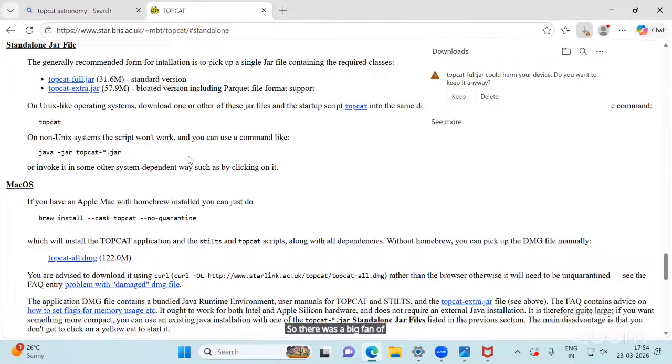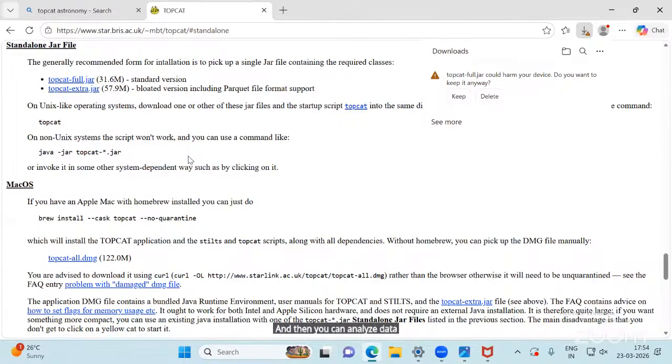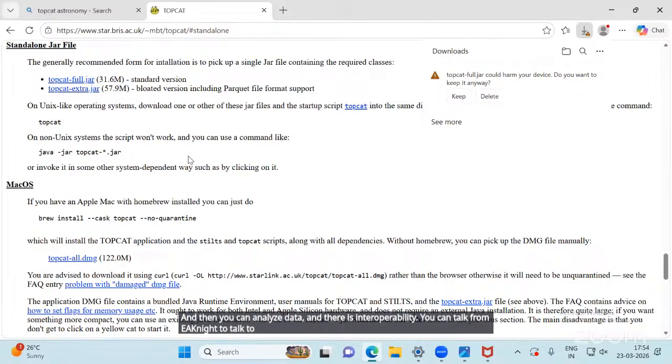So DS9 is again a Java applet which you can download, and then you can analyze data, and there is interoperability. You can talk from DS9 to TopCat to Aladin, and vice versa.